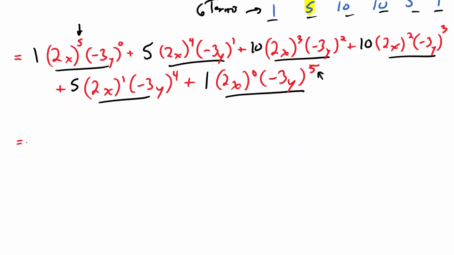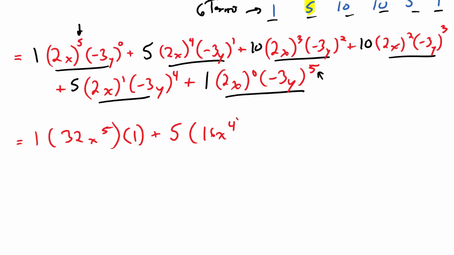On the first row here, we get 1, 2 to the exponent 5, 2, 4, 8, 16, 32. 32 x to the 5 times 1. You don't need to put this 1 in. I'm just putting it in there to indicate what I'm doing. I don't want to skip any steps and confuse you. Plus 5. Now we're applying the 4 exponent to both the 2 and the x. So 2, 4, 8, 16.